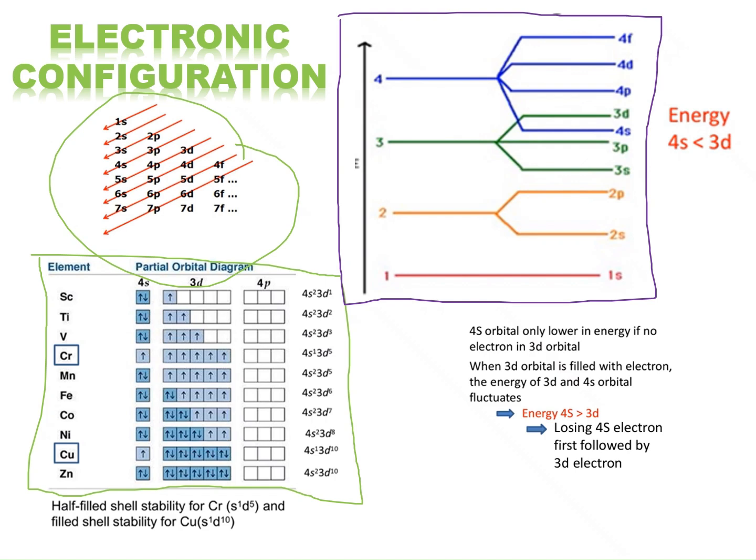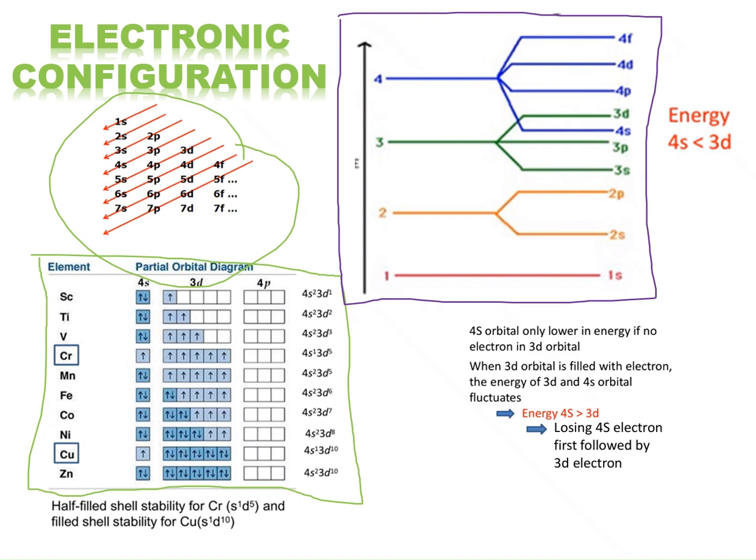That depends on whether the filling up of electrons in these orbitals will stabilize which energy level. So 4s is lower in energy compared to 3d when your 3d is empty.